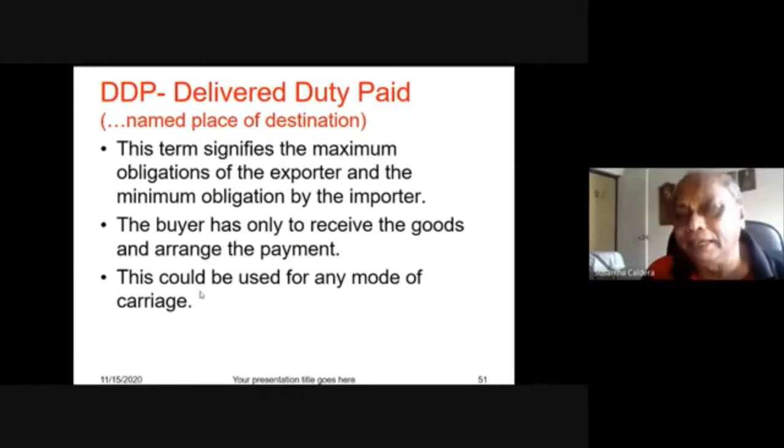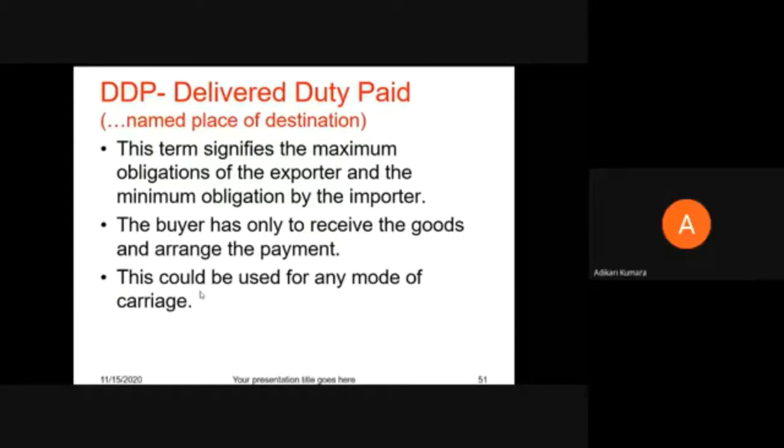CIF London. Who is the importer, who is the exporter? CIF, is the place in the Incoterm origin or destination?